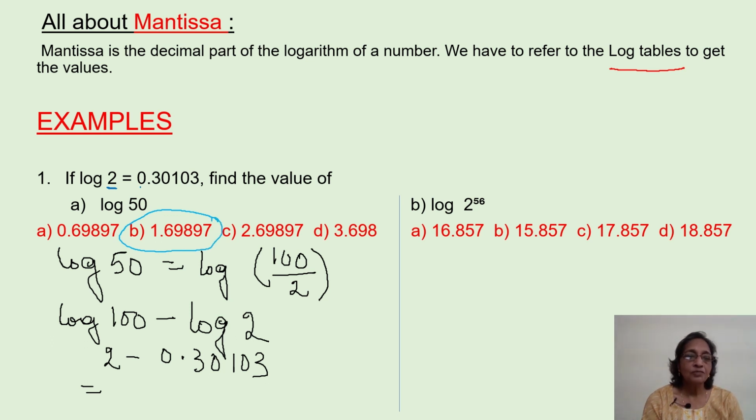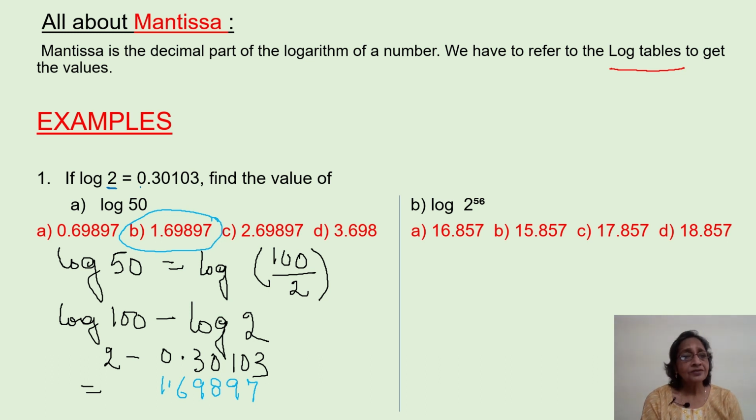So this value comes out to be 1.69897. Now just look at the sum. Another way how to find your answer, even if you don't work it out. Sometimes the options are given that way. Log 50.